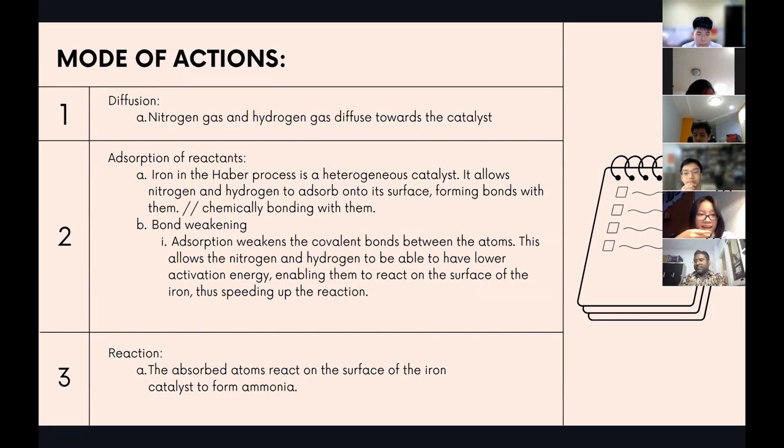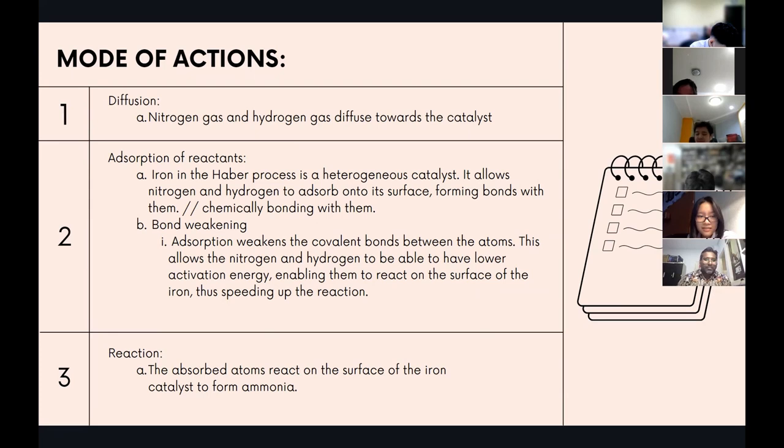So there are 5 steps to the mode of action in which heterogeneous catalysts work. First is diffusion, in which nitrogen and hydrogen gas, using the example of the Haber process with an iron catalyst, are the reactants, and the reactants diffuse towards the catalyst.